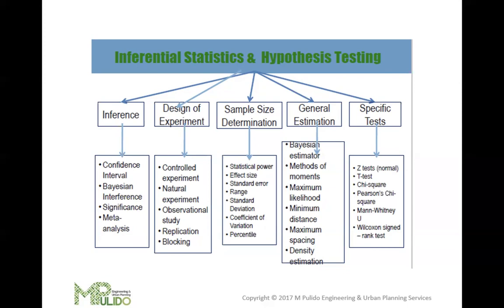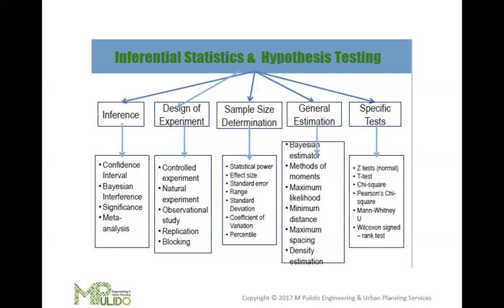Then Bayesian inference is a method of statistical inference that updates the probability for a hypothesis as more evidence or information becomes available. For example, when you update the probability of disease presence as more diagnostic test results become available.